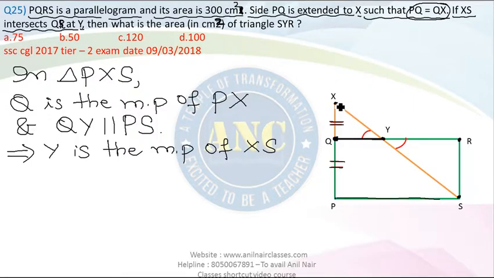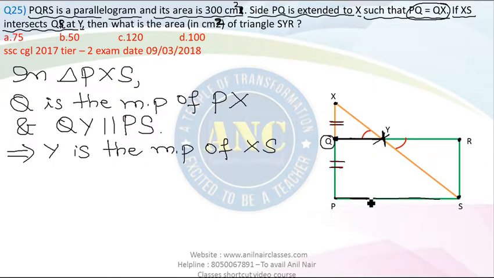For that particular line XS, this point Y acts as a midpoint. Why? Because Q is the midpoint of PX, that is the first reason. And the second very important reason is QY is parallel to PS.